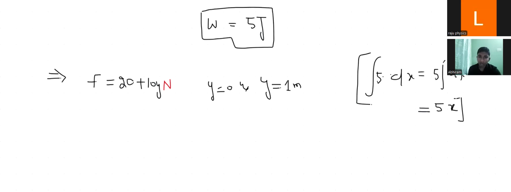But differentiation, it will become zero. For example, d by dx of 5. What is the answer? It is 0. A constant in differentiation becomes 0.